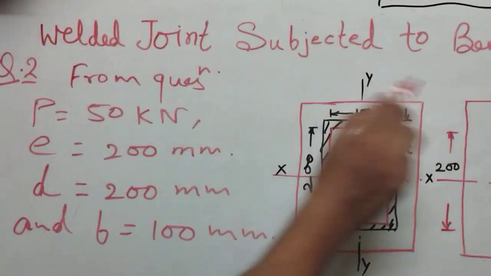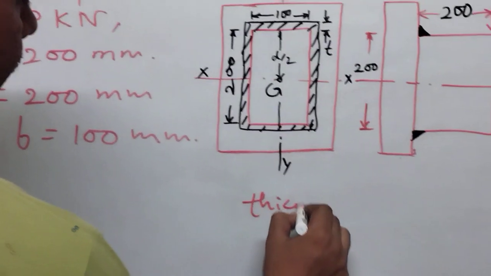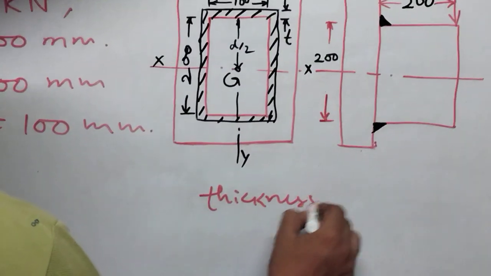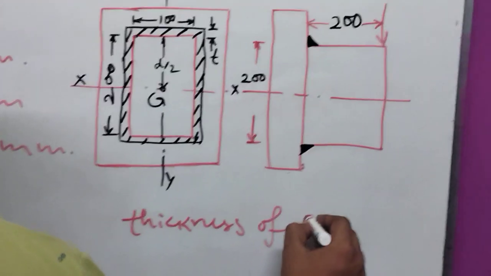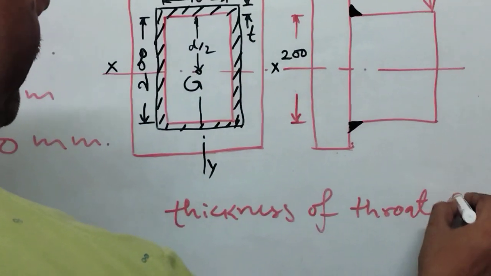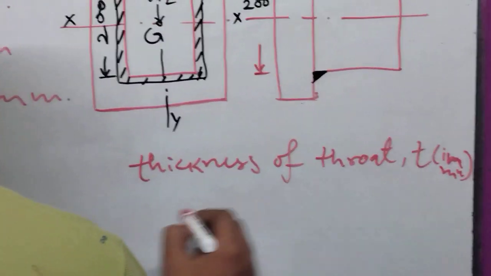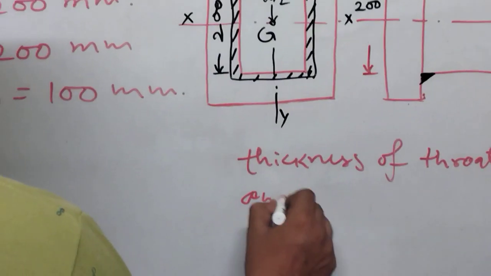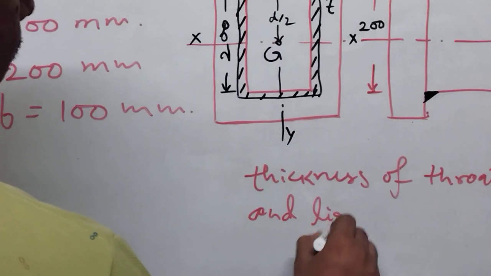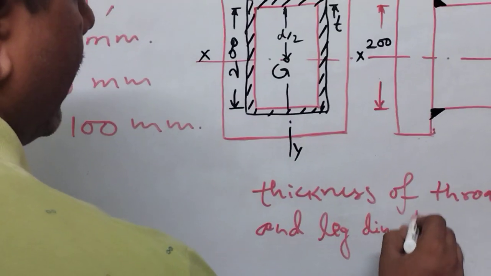We need to calculate the thickness of the throat, t in mm, and the leg dimension, h1.